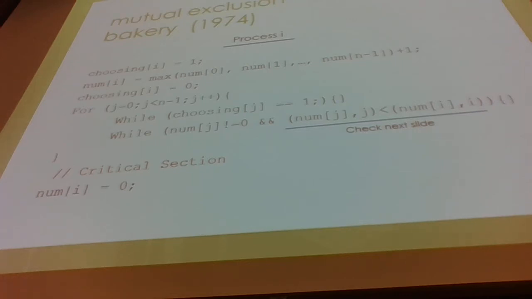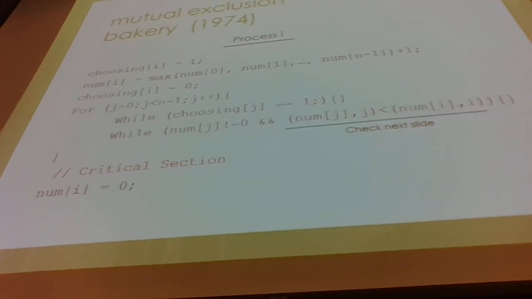Now if process I gets CPU cycles and stores the previously calculated token into num, then when process I checks all other processes, it will see that J has the same token, but I is less than J, so it's process I's turn. So process I also goes in. So both process J and I are in the critical section. That was the problem we had.